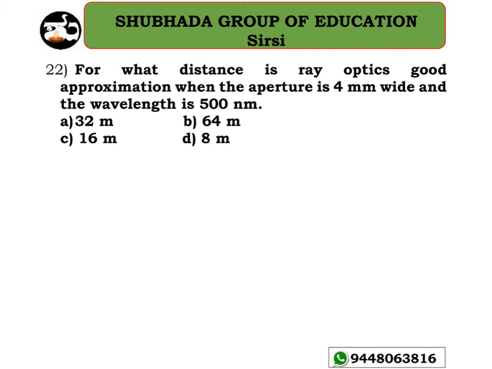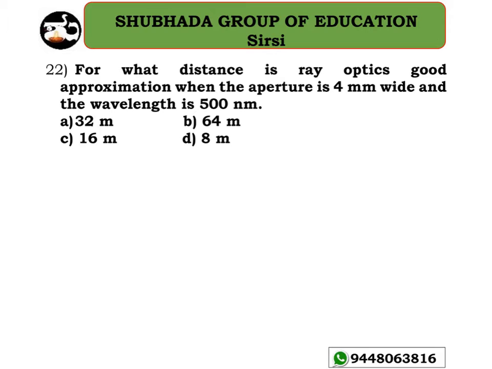Okay, look at the next problem here. For what distance is ray optics a good approximation when the aperture is 4 millimeter wide and the wavelength is 500 nanometer? This problem is based on Fresnel's distance, the minimum distance for which ray optics is a very good approximation.